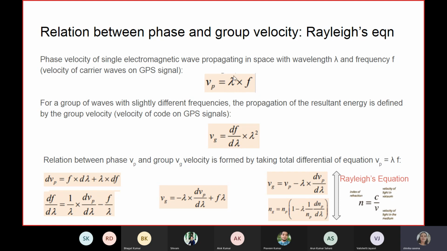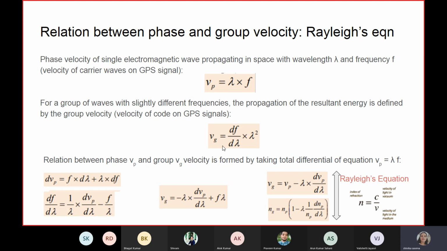We arrive at dVp equals f d lambda plus lambda df. Now divide this equation by d lambda. We get df by d lambda equals 1 by lambda times dVp by d lambda minus f by lambda.